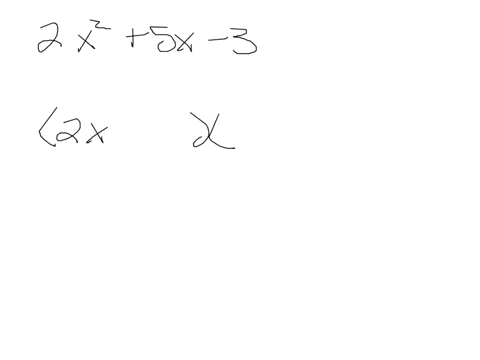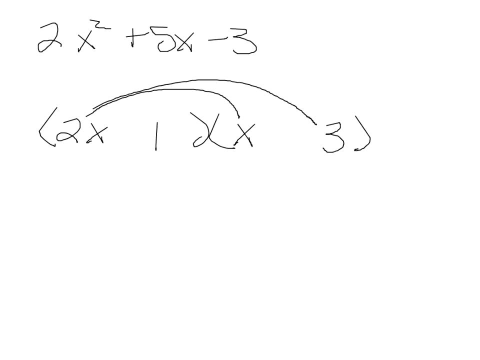Let's just get a new page. I have 2x squared plus 5x minus 3. And I said we can have 2x and x, and the signs are going to be different. Now, the 3 didn't work here last time, so I'm going to put the 3 here and the 1 here.